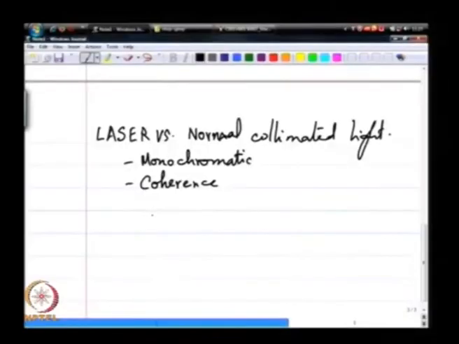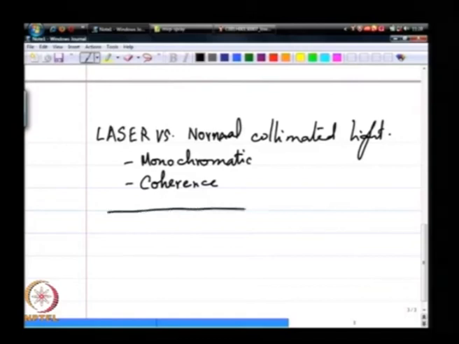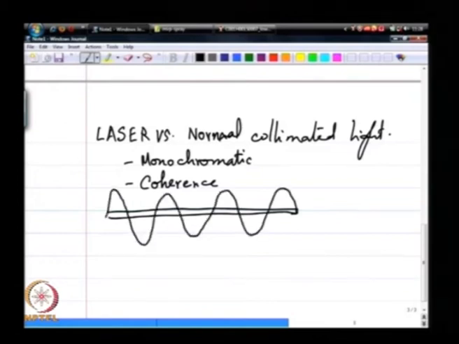The simplest way to imagine this is to look at light as an electromagnetic wave. If I have a light beam and I know the phase at one end of the beam, I know the phase at every other point, because they are perfectly correlated. This is not true with normal monochromatic light.